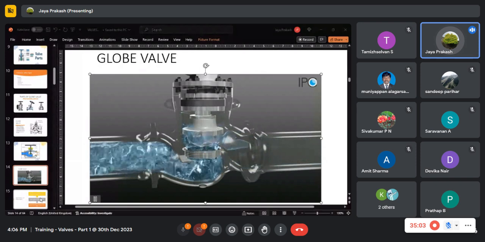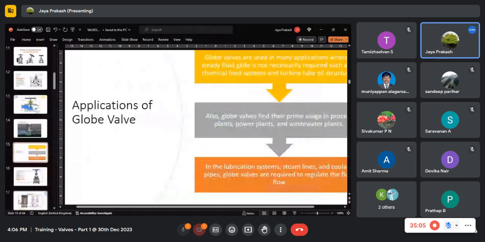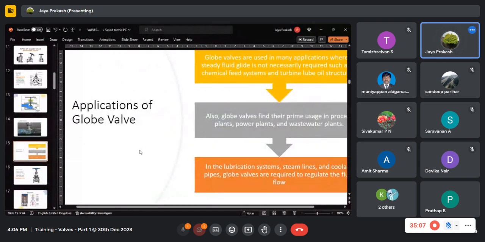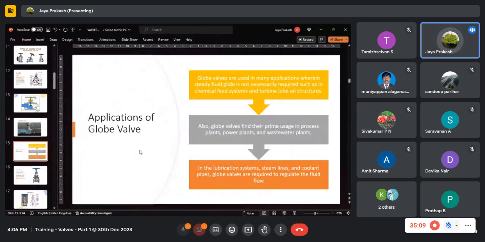So this is a globe valve, and these are the applications of globe valves. Globe valves are used in many applications wherein steady fluid flow is not necessarily required, such as in chemical feed systems and turbine lube oil systems. Where steady flow is not required, mainly the globe valve is used.